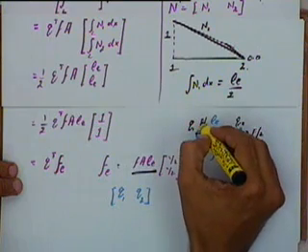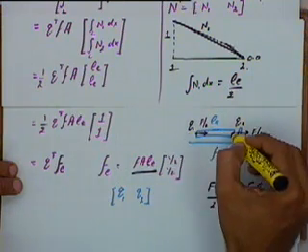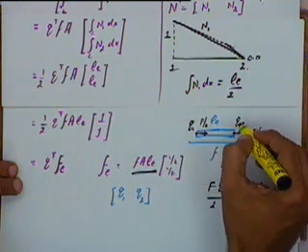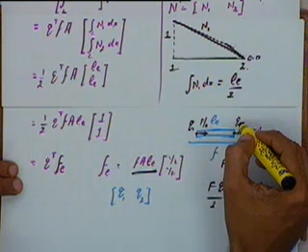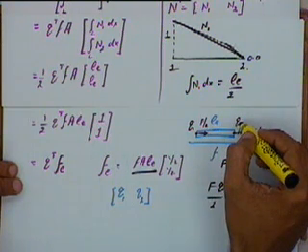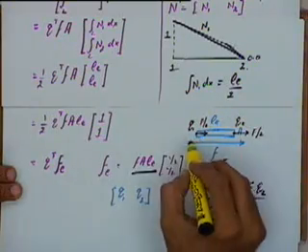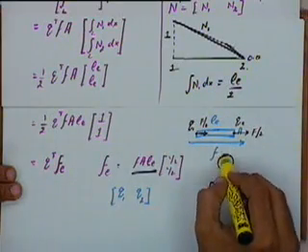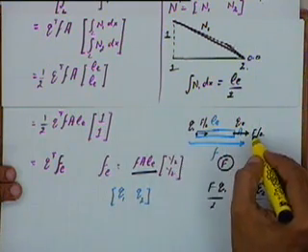Because of this force the contribution to the potential energy will be F by 2 multiplied by Q1, and because of this force the contribution will be F by 2 multiplied by Q2. So effectively the contribution to the potential energy can be computed by taking the total body force, that is F, splitting it into two parts, one part acting on the first node, one part acting on the second node.